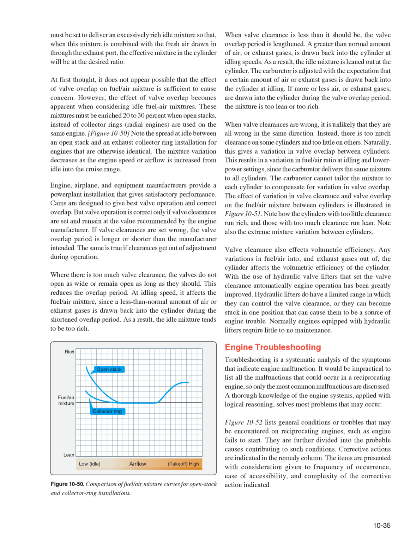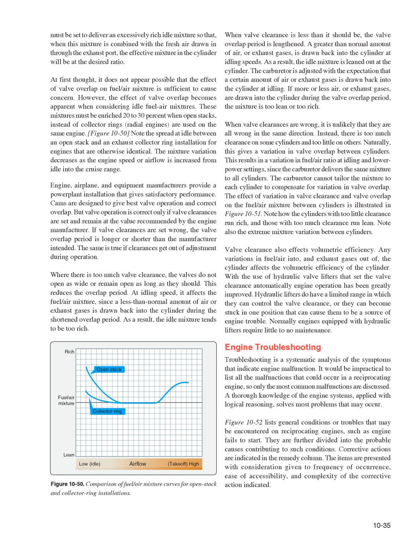The carburetor cannot tailor the mixture to each cylinder to compensate for variation in valve overlap. The effect of variation in valve clearance and valve overlap on the fuel/air mixture between cylinders is illustrated in Figure 10-51. Note how the cylinders with too little clearance run rich, and those with too much clearance run lean. Note also the extreme mixture variation between cylinders.